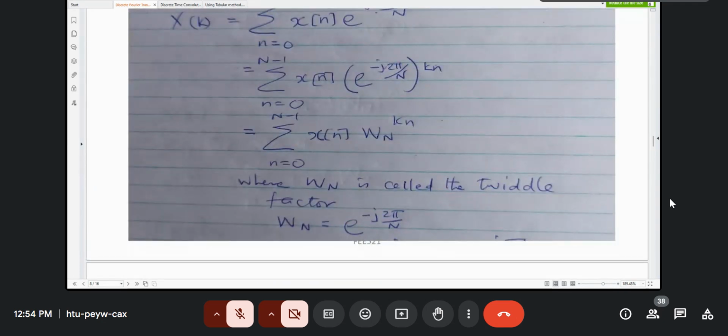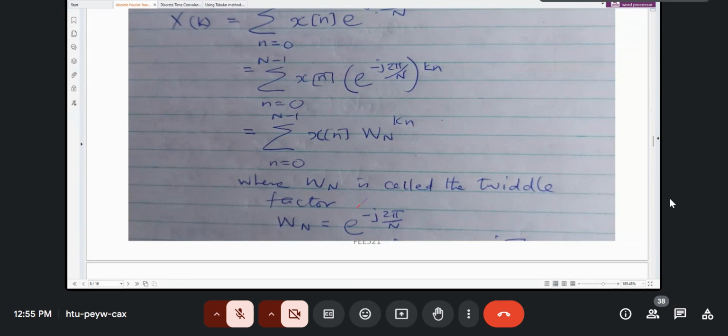The variables are k and n. But capital N doesn't change, 2 doesn't change, pi doesn't change, minus j doesn't change, and neither does e. So this is a constant, and this constant is what we are calling W_N. This W_N we call the twiddle factor.